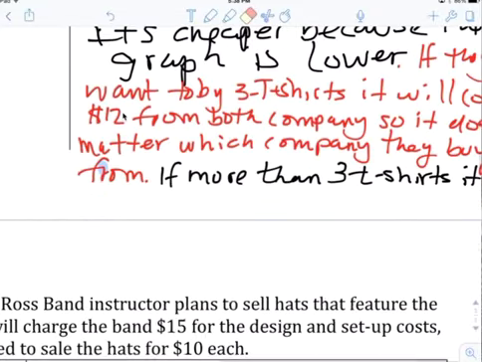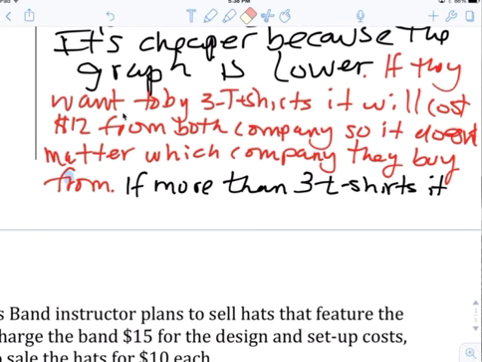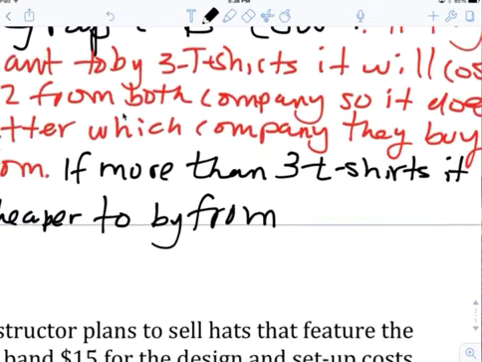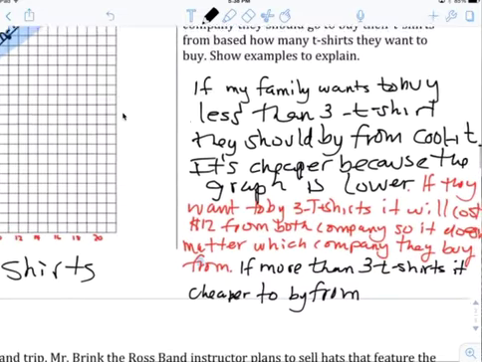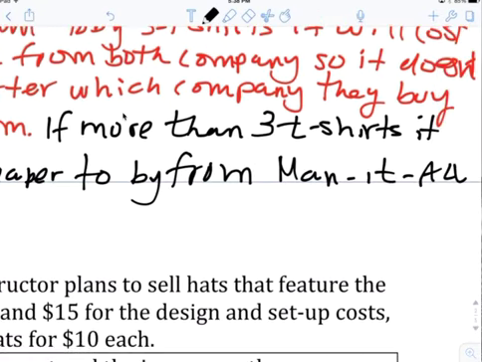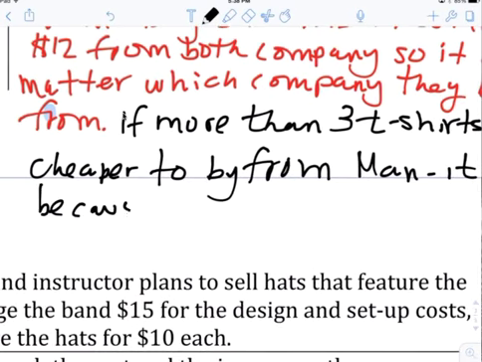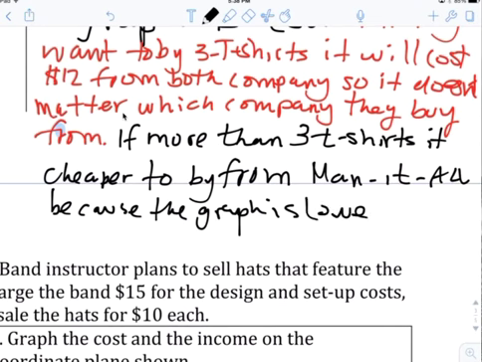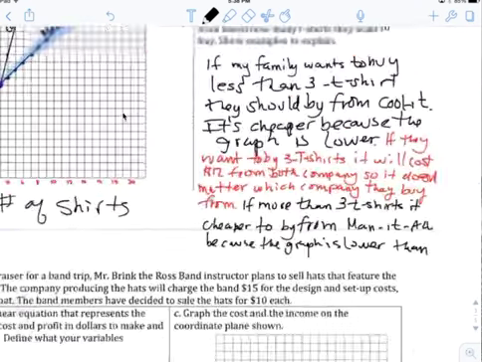Man It All, more than 3 shirts, it's cheaper to buy from Man It All because the graph is lower than Cool It.